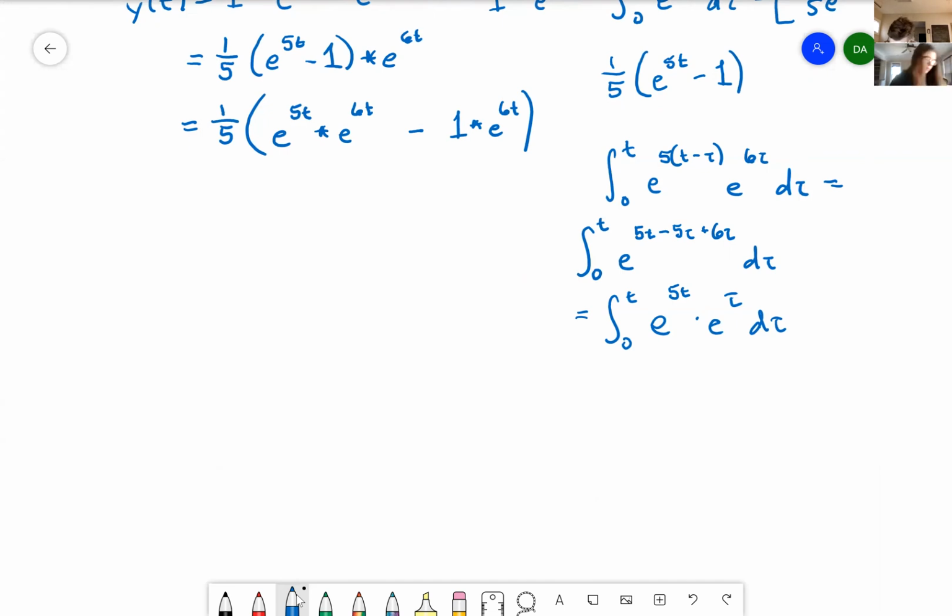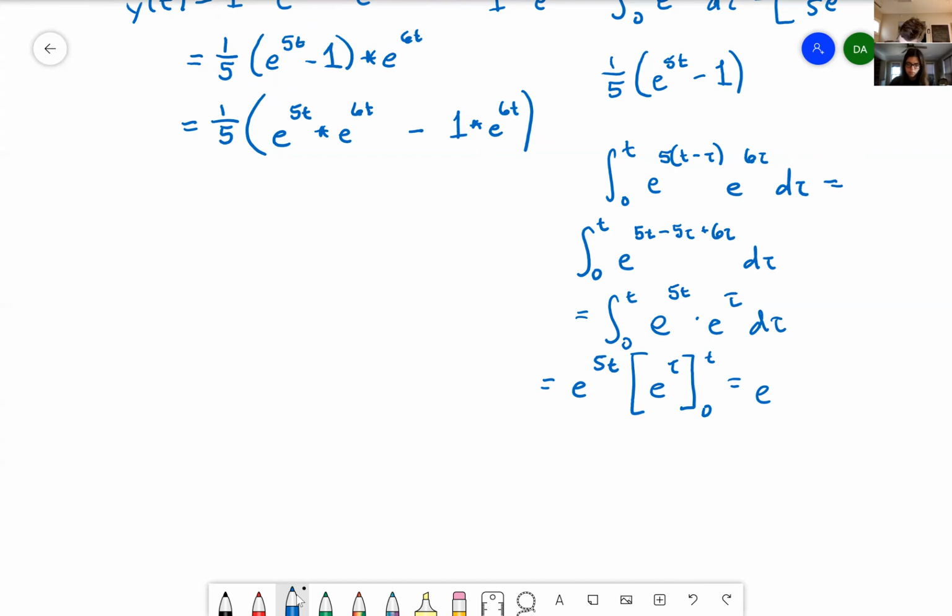Whenever we integrate, I want to be a little careful, but it doesn't depend on tau, so t is just some constant with respect to the tau that's being used in the integral. So this is going to be e to the 5t times the antiderivative of e to the tau, from 0 to t.